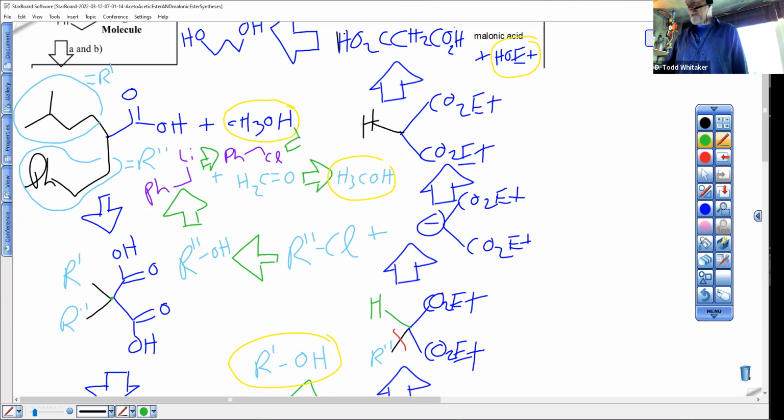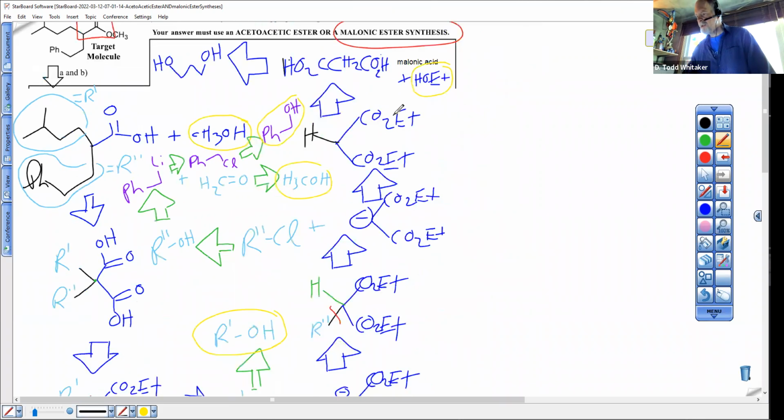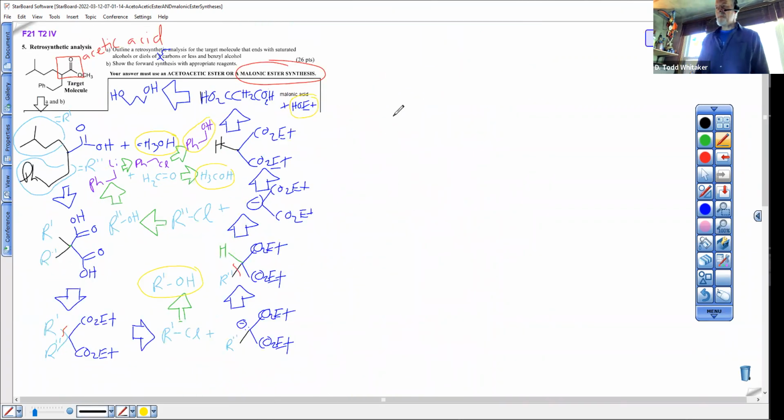And that comes from benzyl alcohol, which we may circle. So we have the whole thing. And we're going to stop the video and come back and do another video where we do the forward synthesis.